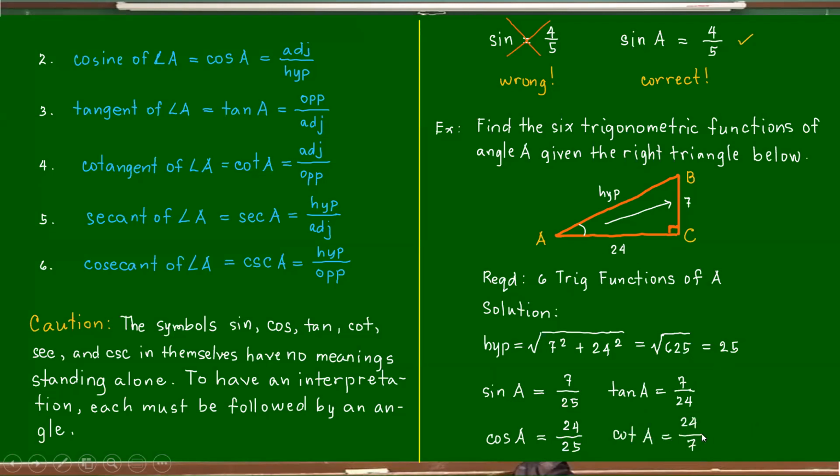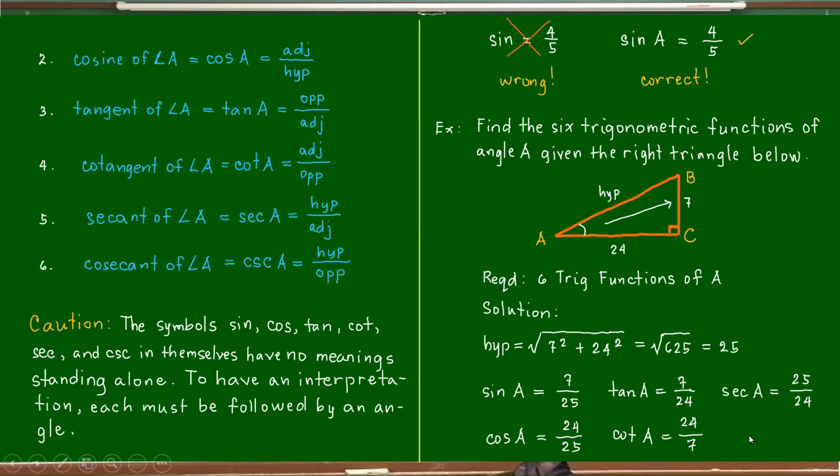Cotangent of angle A is just the reciprocal of tangent A, so the reciprocal is 24 over 7. That is adjacent over opposite. Secant of angle A is equal to hypotenuse over adjacent, so we have 25 over 24.